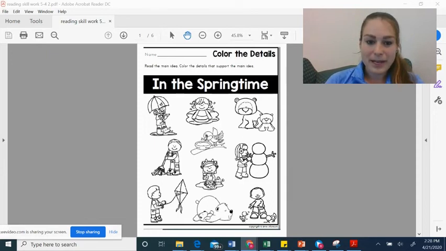So we have a girl playing in the rain, splashing in a pool, bears waking up to go find something to eat, a bird building his nest, raking leaves, planting flowers, flying a kite, bears hibernating, and birds feeding the birds. So think about these pictures. You're going to color the ones that represent spring, and then the other ones don't color. But I do want you to do your best coloring with this work.